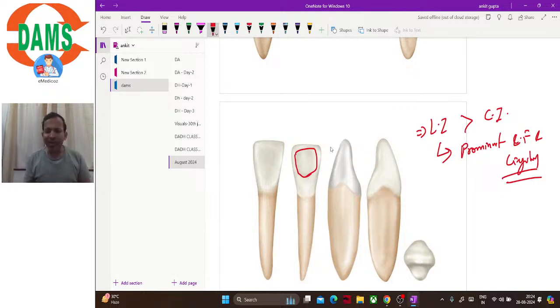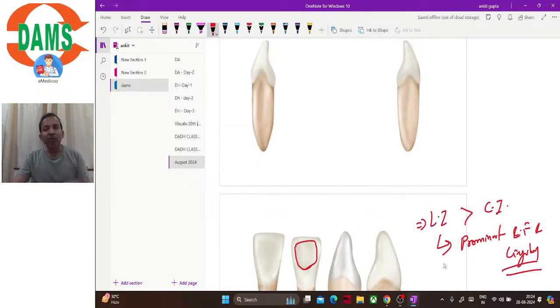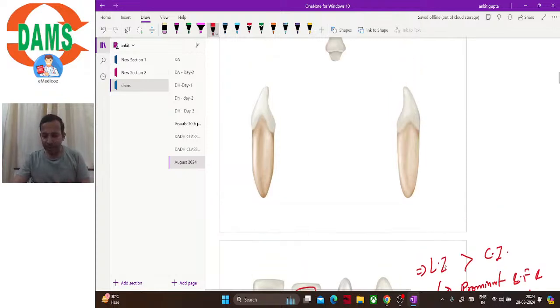So amongst the permanent incisors, which incisor has the least prominent cingulum or least prominent lingual surface? Answer would be lower central incisor, isn't it? And when you are asked which permanent incisor has the most prominent lingual anatomy, then it would be maxillary lateral incisor, right?